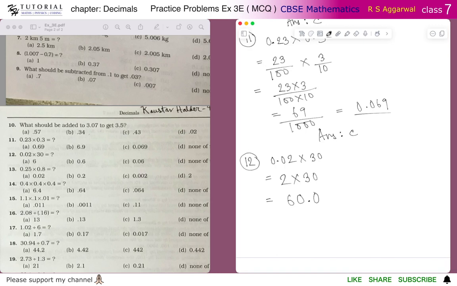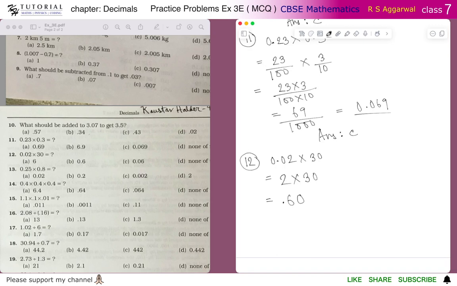So we will not put the decimal point yet over here. So this is 60. Now we have to convert the 60 to a decimal number in such a way that the decimal places of the number 60 will be the same as the decimal places of the decimal number 0.02. So the decimal point will be here.